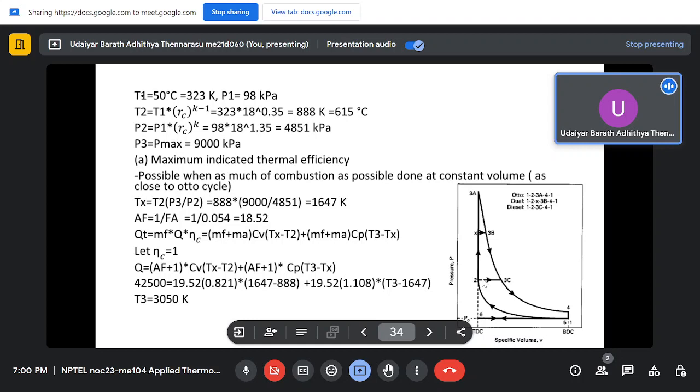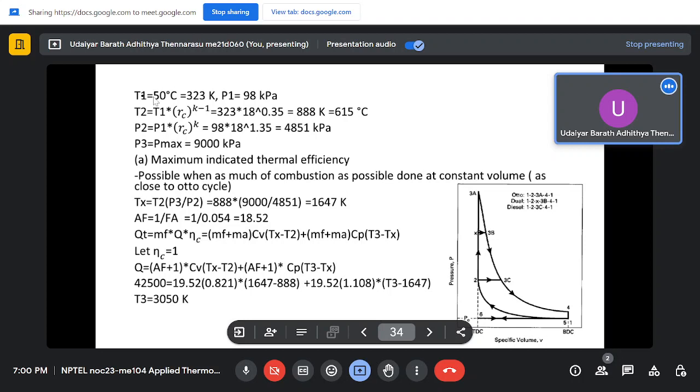If instead from 2 we don't go to peak pressure, but do the heat addition at constant pressure, operating as a diesel cycle, in that case we'll have the minimum thermal efficiency. So we can only know at state 2 how the process will be.